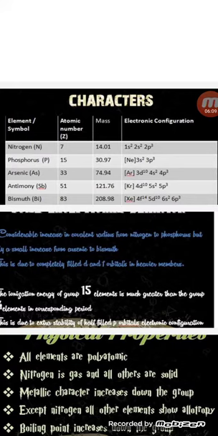Due to this poor screening effect of the f orbital, which starts in the period of antimony, arsenic and bismuth, the poor screening effect leads to pulling of the outermost orbital towards the nucleus with more effect.